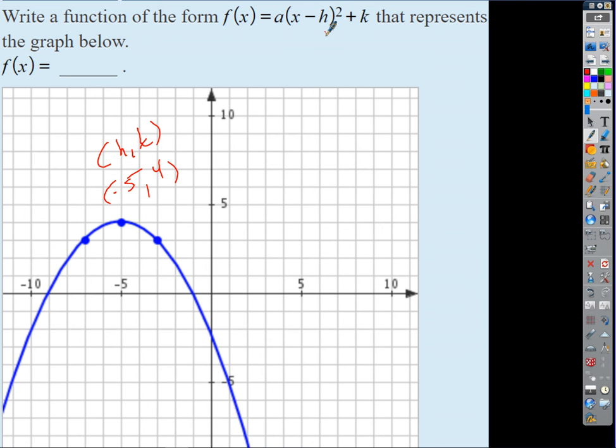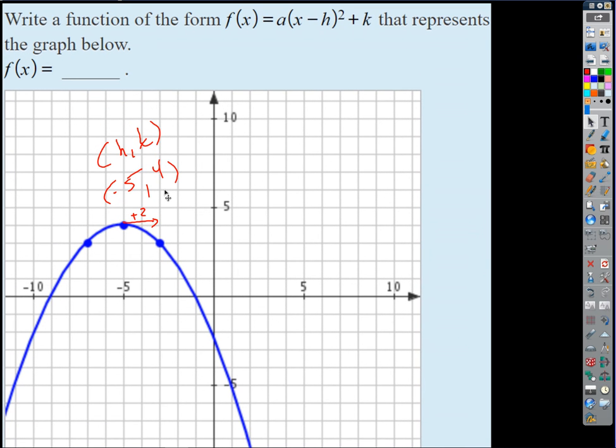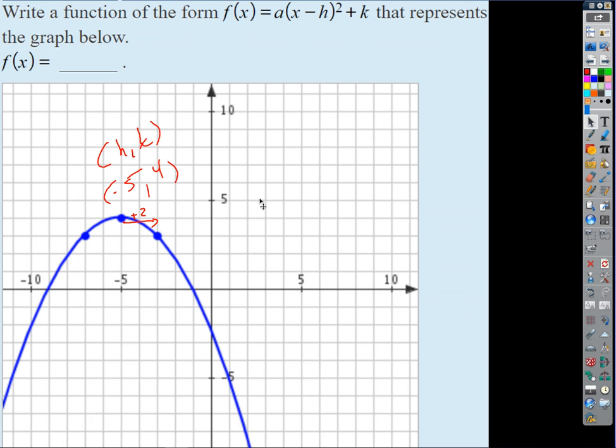Not -1/2. So now we have to think about what we did to the parent graph. We went from our vertex to the right, so x increased by 2, and we went down. Y went down by 1. Normally we'd go over 2 and up 4, right? Oh my goodness, I kind of messed this up.